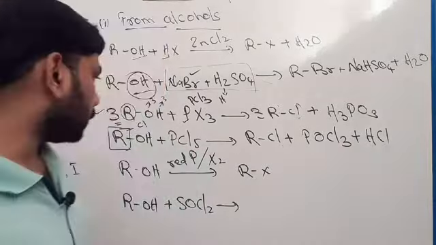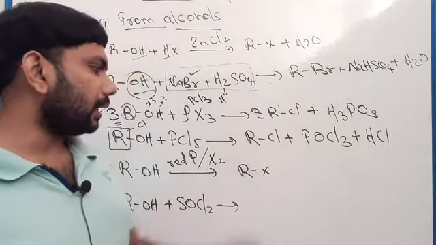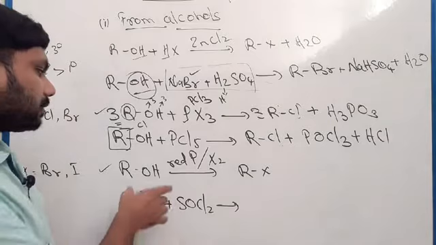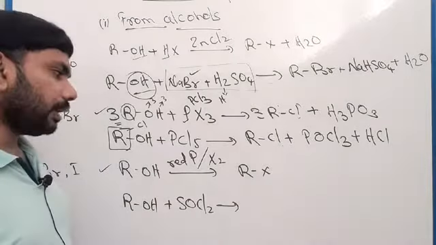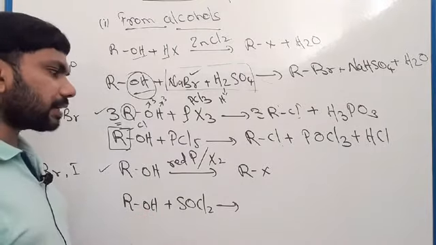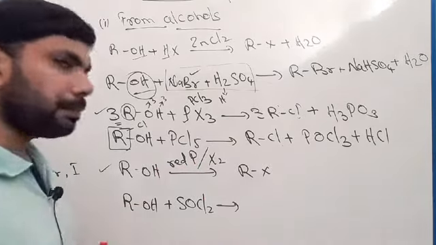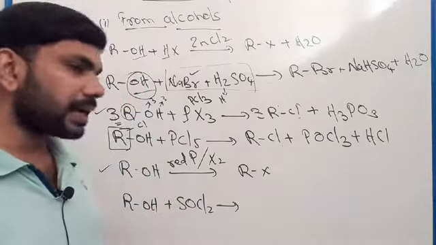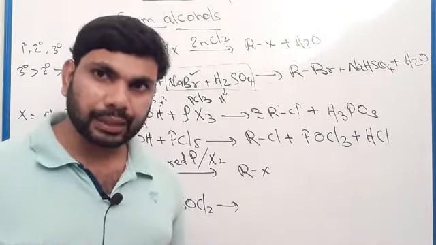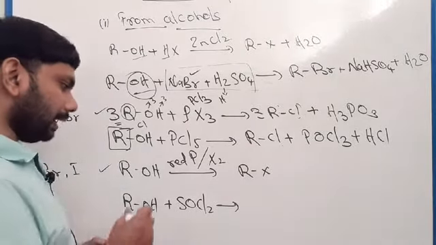In all these cases we discussed how to make alkyl chloride and alkyl bromide. Next we have to discuss the production of alkyl iodide. Here alcohol reacted with red phosphorus and X2. X2 means bromine or iodine. Alcohol reacted with red phosphorus and iodine at room temperature produces alkyl halide.